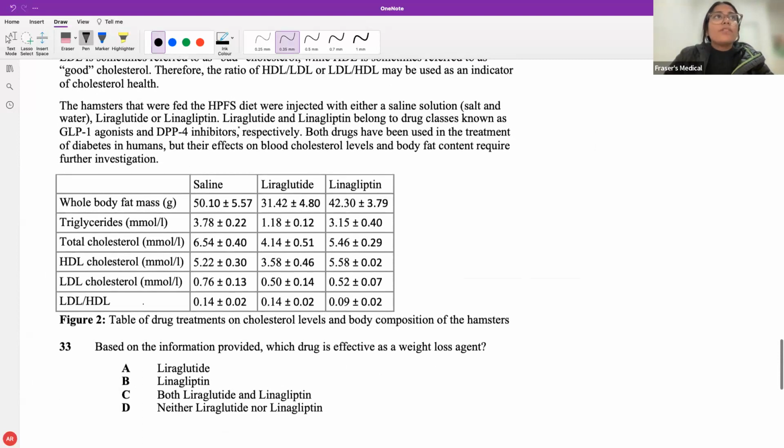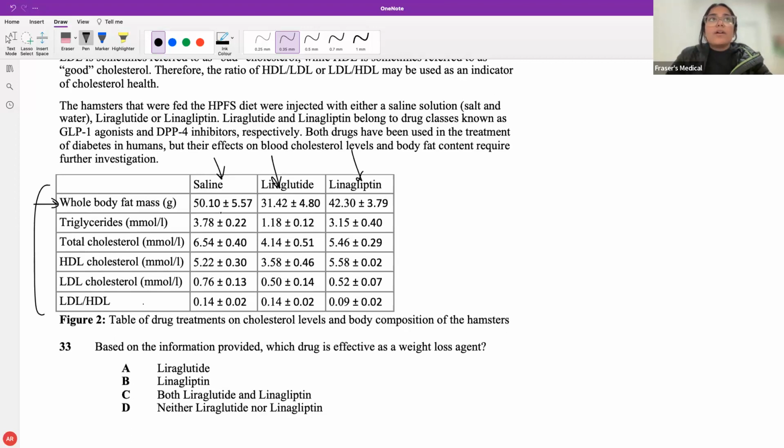If we have a look at this table, we're using saline, liraglutide and linagliptin. These are two drugs that are used to help reduce cholesterol. We've got a whole bunch of variables here, and across the row we're seeing the impact of saline, liraglutide, and linagliptin.